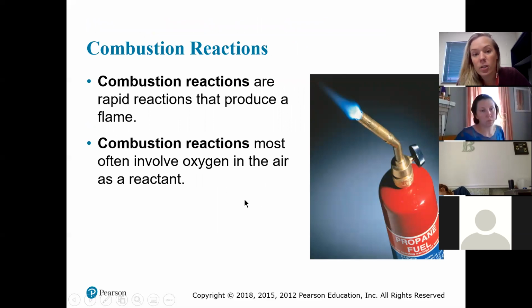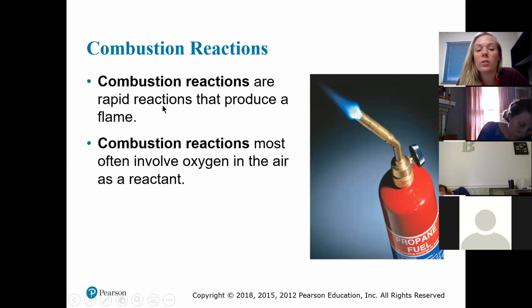Okay, the next type of reaction, which I've talked about a little bit, is a combustion reaction. So this here, we've got a propane tank and we're combusting it to produce heat. Combustion reactions are very quick reactions that produce a flame or heat. And they not always, but most often involve oxygen in the air as a reactant.